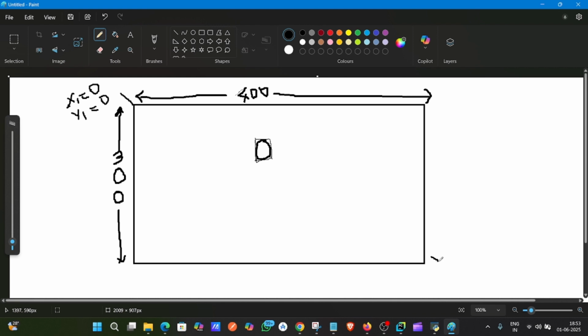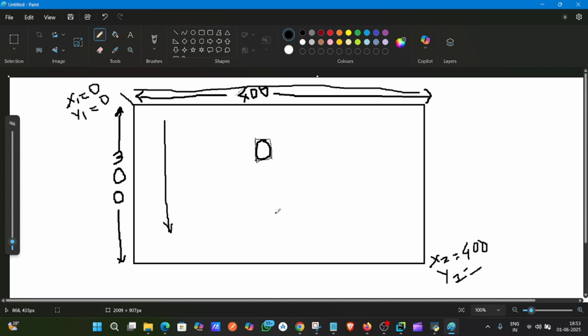And this is x2, y2. x2 equal to 400 because the width is 400. So 0 to 400 in this direction is the width. Similarly, height is 300. So y1 equal to 0, y2 equal to 300 in the downward direction. These are the coordinates of our canvas.